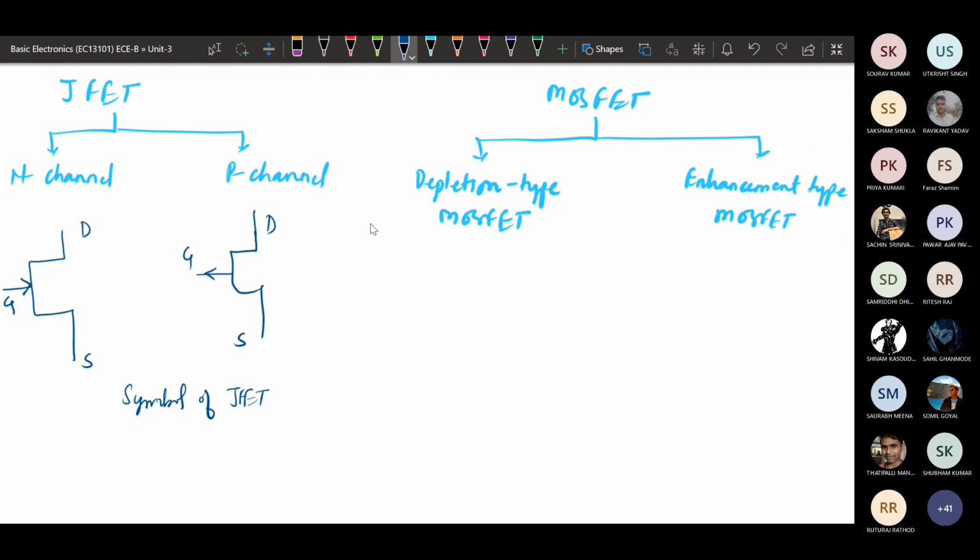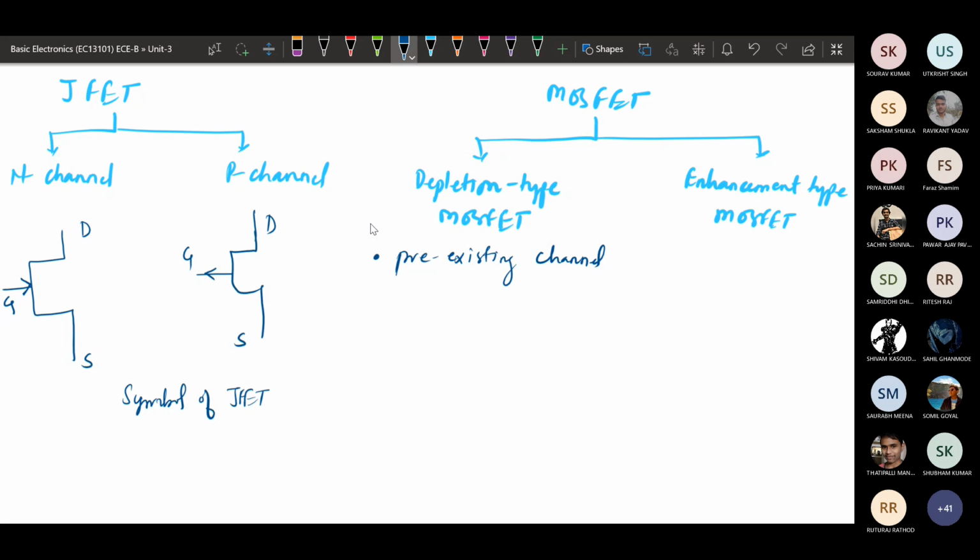In case of a depletion type MOSFET, there is a pre-existing channel. That means even before we apply any gate voltage, the channel is already available in the device.